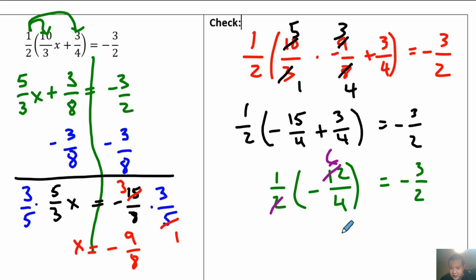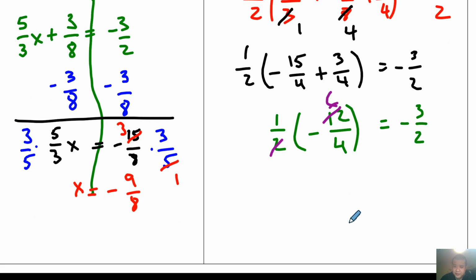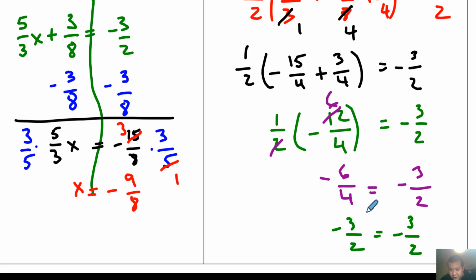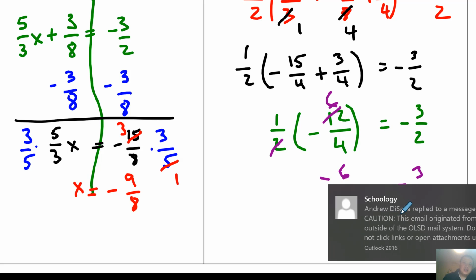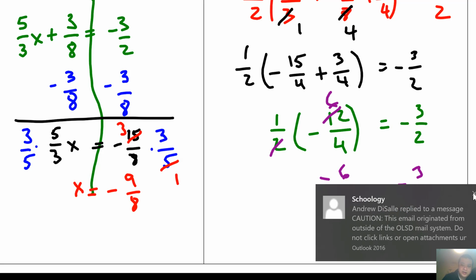So we got negative 6/4 should equal negative 3/2. And if we simplify both sides, we do in fact get negative 3/2 equals negative 3/2. We did it correctly. So we know that is going to be the correct answer.